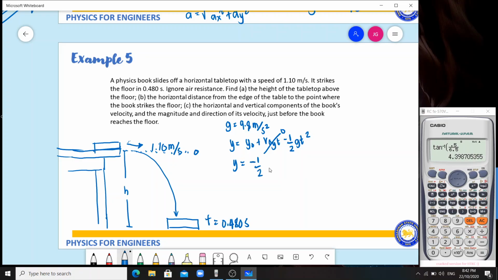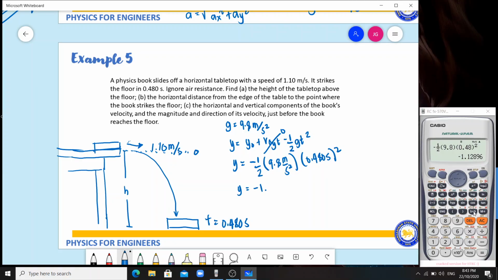Negative 1 half 9.8 meters per second squared and the time is 0.480 seconds squared. Okay? So if you're going to solve that, that would be negative 1 half 9.8 times 0.48 squared. Ayan.